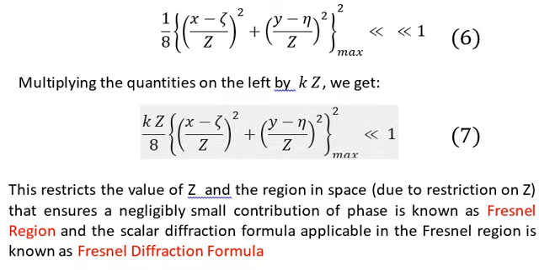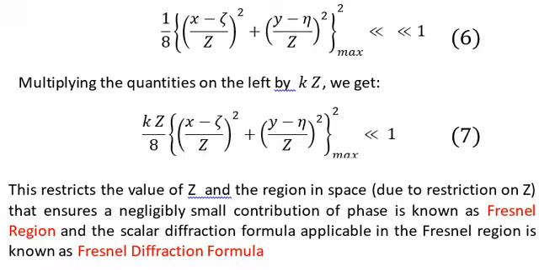If z becomes very large, the double inequality will be converted into a single inequality, the phase becomes significant, and we have to include the contribution of this term also. In order to neglect this term, we have to restrict the value of z. Z should not increase much, so that there remains a double inequality sign of less than 1.